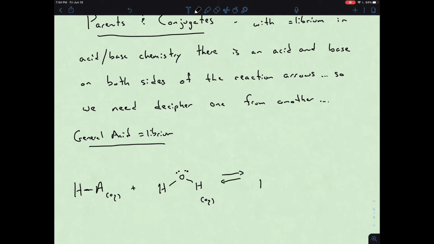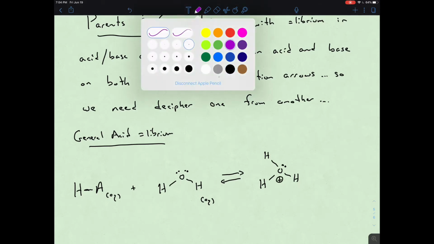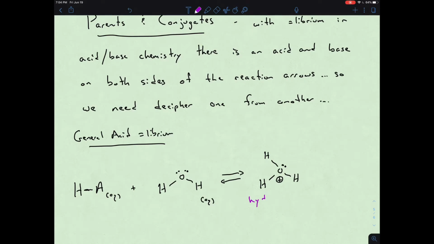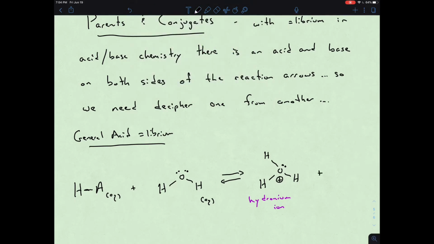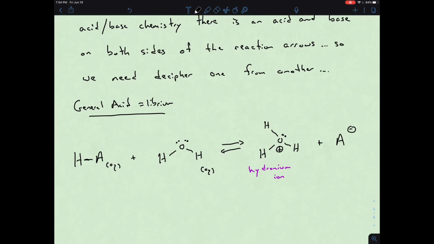And so that's going to produce our hydronium ion, where now one of the lone pairs has accepted a proton, and the resultant oxygen has a positive charge on it. And then we get an A minus on our product side.